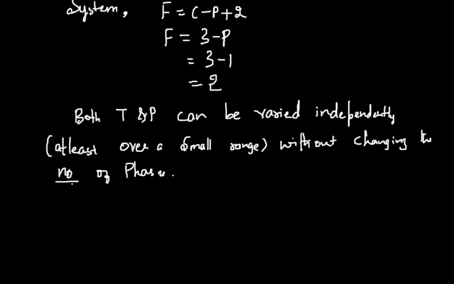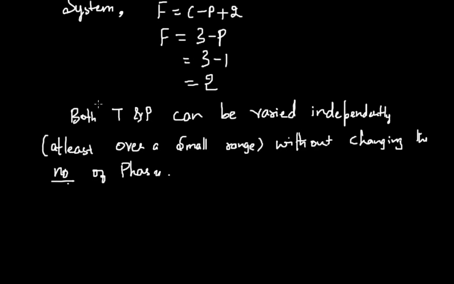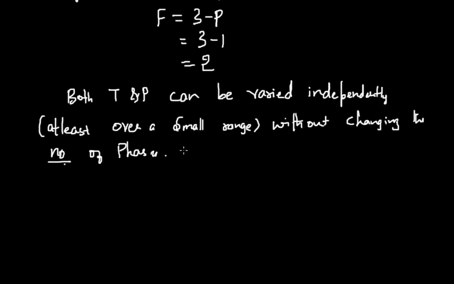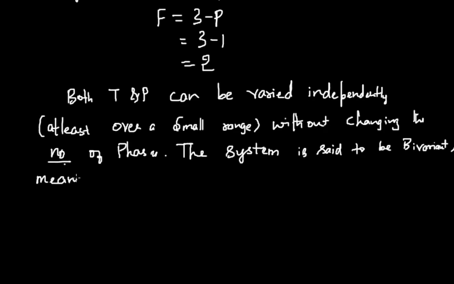So when both of them can be changed independently, the system is said to be bivariant. Bivariant meaning having 2 degrees of freedom.